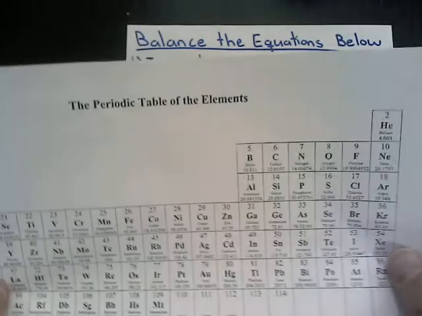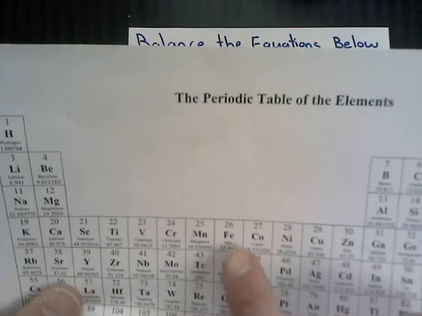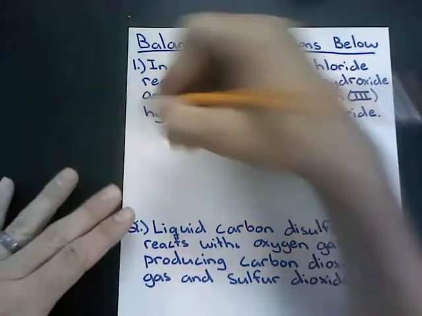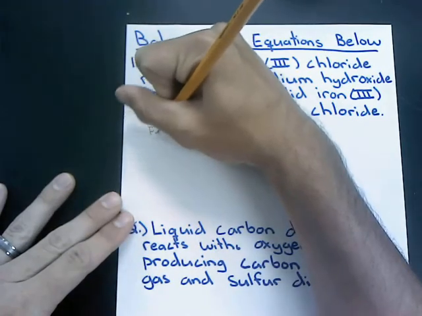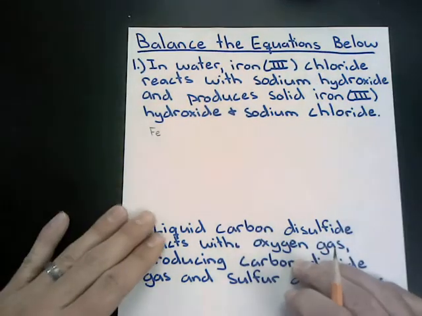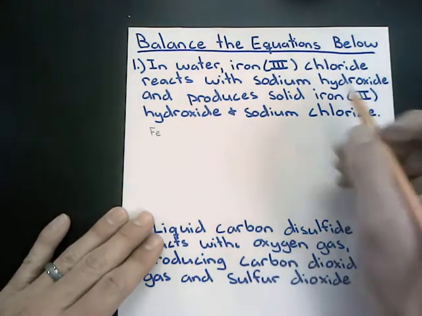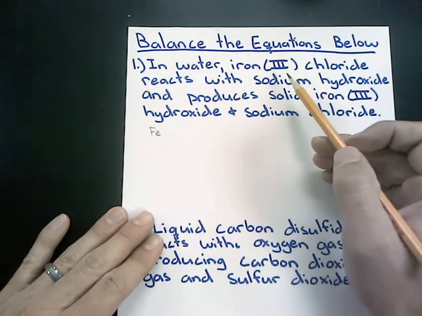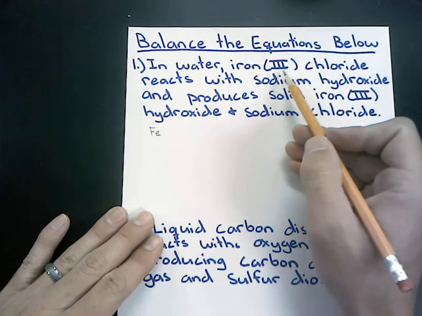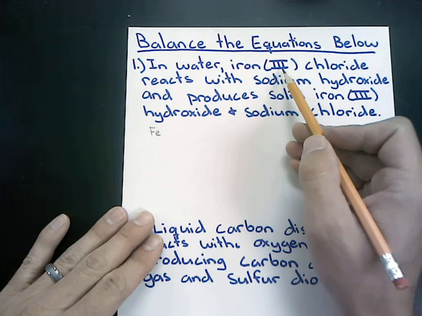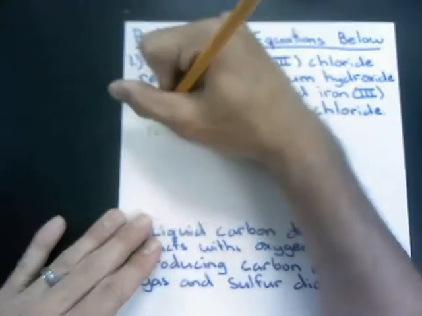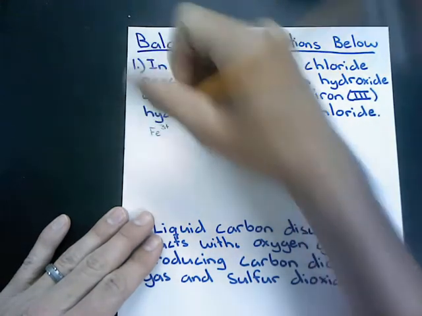So we write down Fe, and then we need to identify the charge. Because iron(III) is a transition metal, that charge is represented in parentheses. So the charge of our iron(III) is 3+.